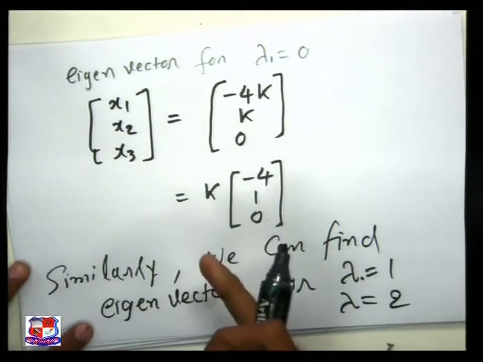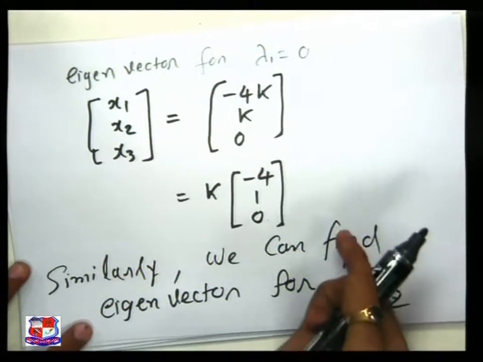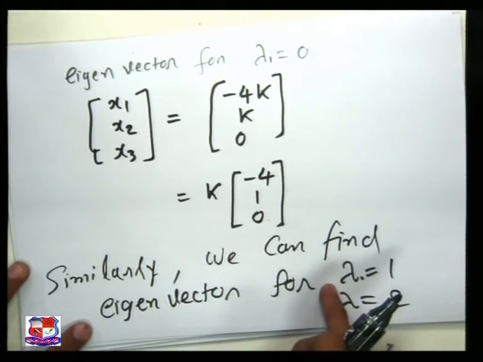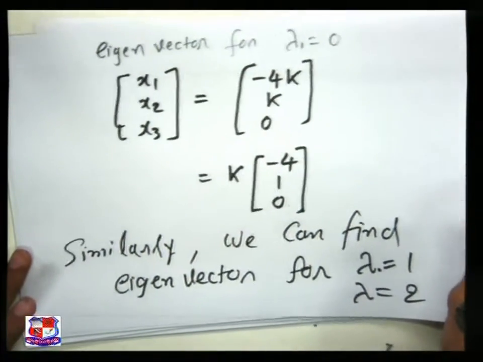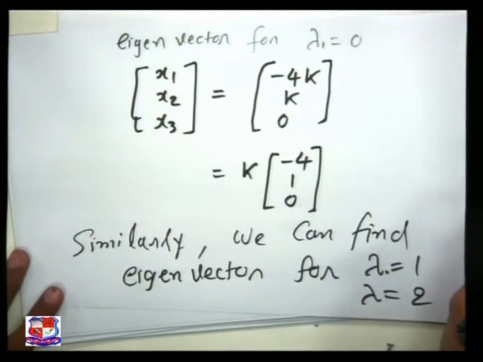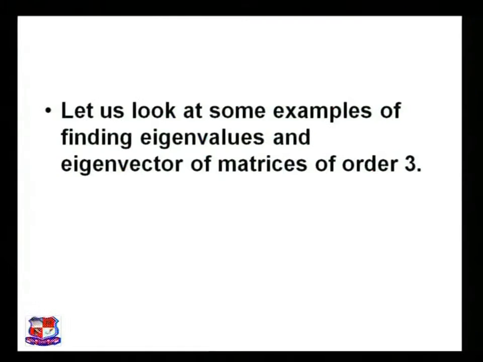I am not going to find the eigenvectors for these two eigenvalues, because this is for homework, but I am giving you the solution, what the eigenvector will be for lambda equal to 1 and lambda equal to 2.